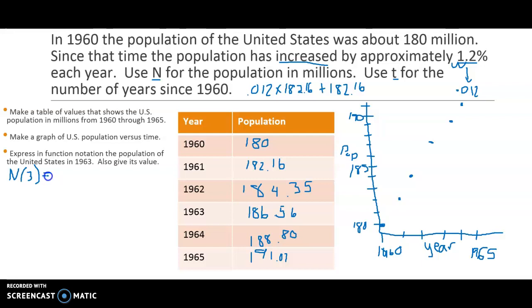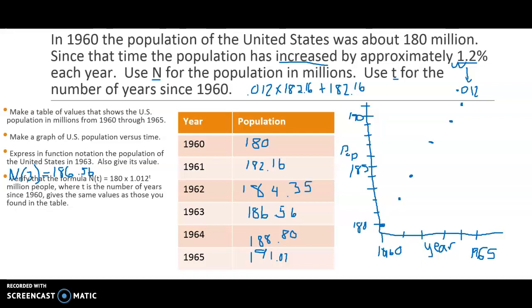And the value of that is right here in my table, 186.56. So that's just practice using the notation that we have learned. So the output is the population, input is time since 1960, and the value.